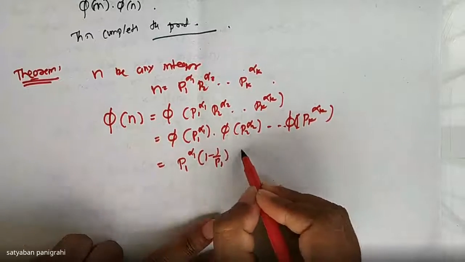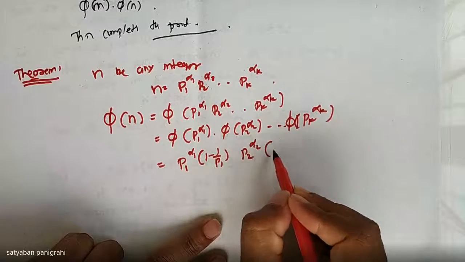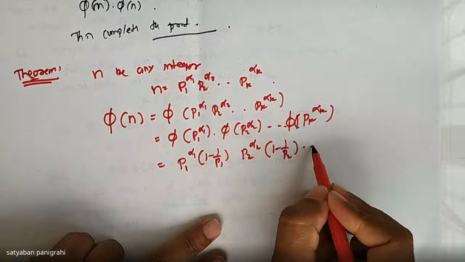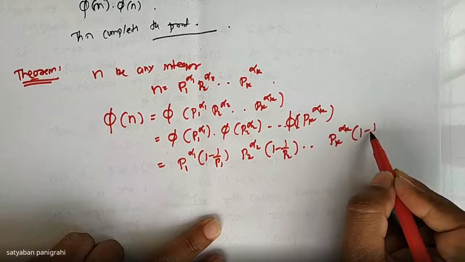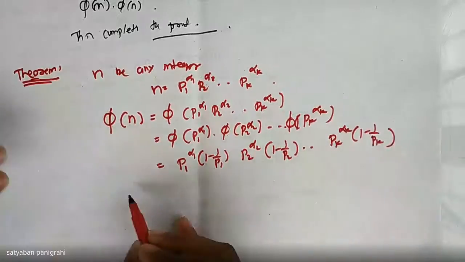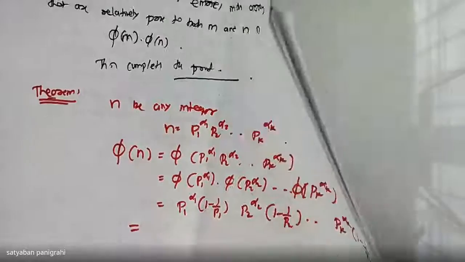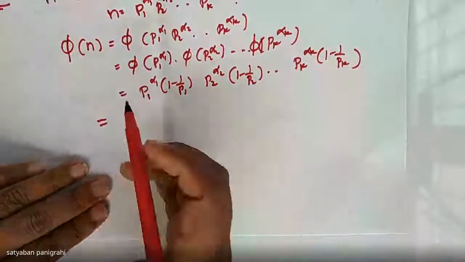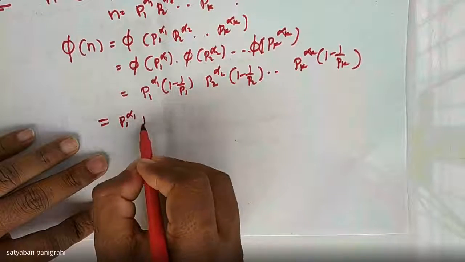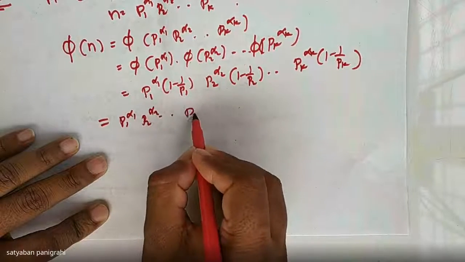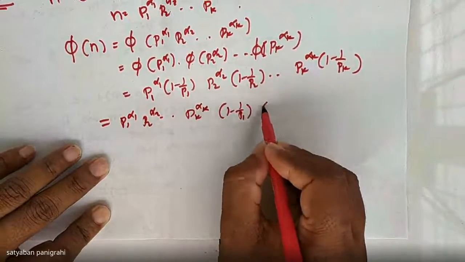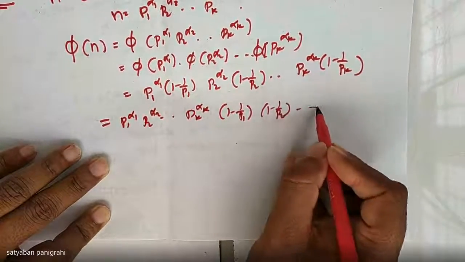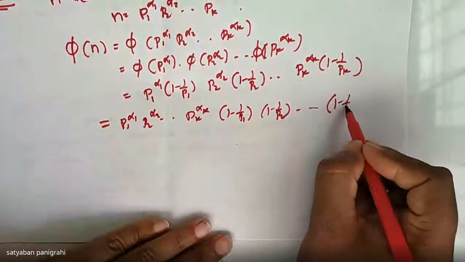Here p2 alpha 2 into 1 minus 1 by p2, up to pk alpha k into 1 minus 1 by pk. Taking all together, we get p1 alpha 1, p2 alpha 2 up to pk alpha k with 1 minus 1 by p1, 1 minus 1 by p2, up to 1 minus 1 by pk.